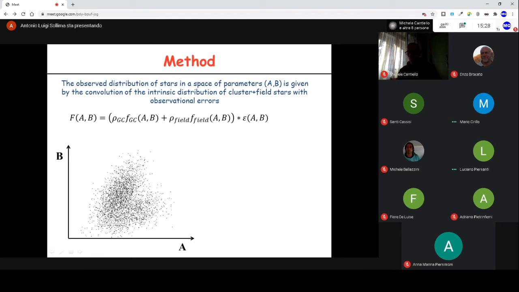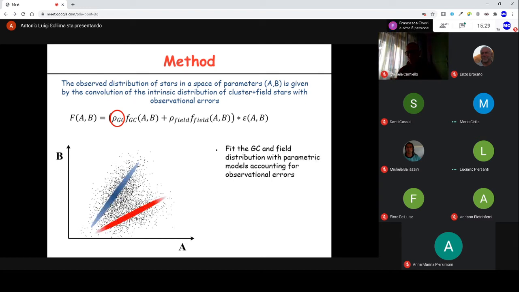What we are interested in is only this number, the normalization factor of the cluster. To estimate it, first I choose a parametric model for the cluster and for the field, whose parameters have been tuned to best fit the distribution of stars in this plane, accounting also for the observational errors.